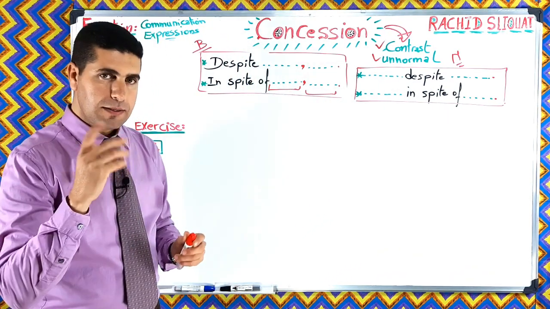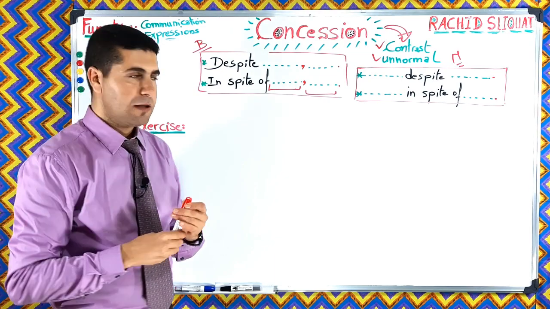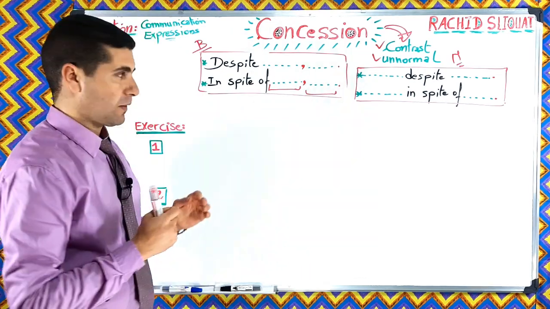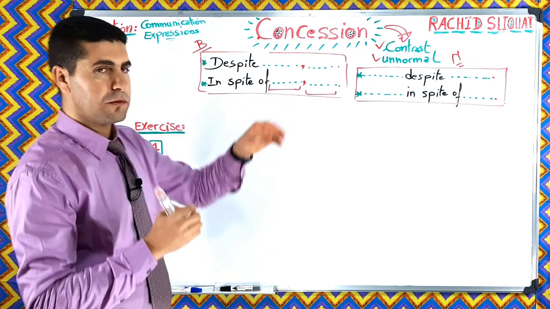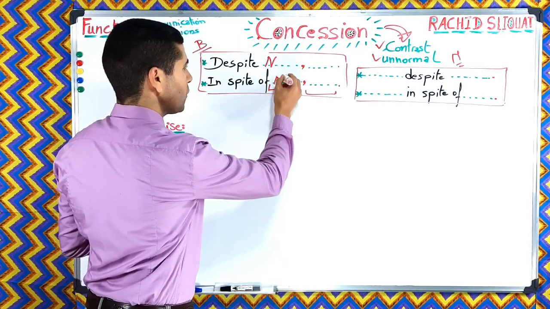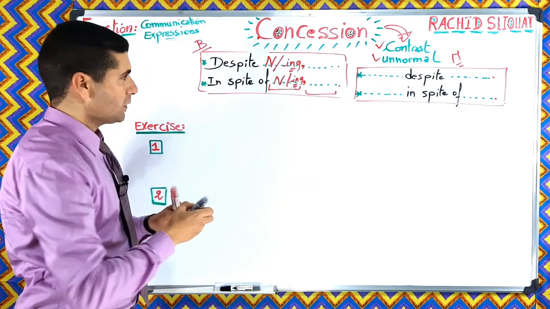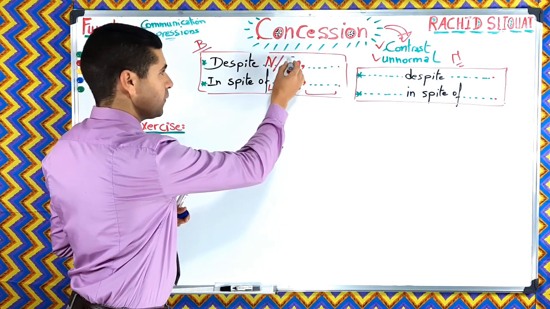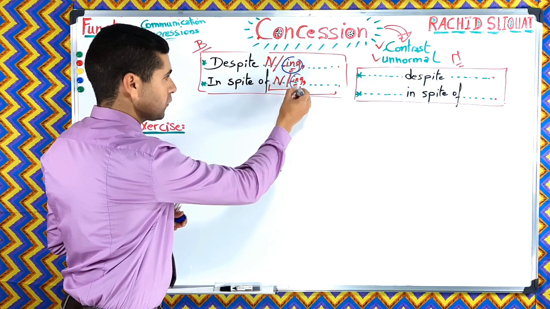Another thing that you have to keep in mind as far as these two patterns is that these expressions are always followed by a noun or an ing form. The ing form is always related to the verb.